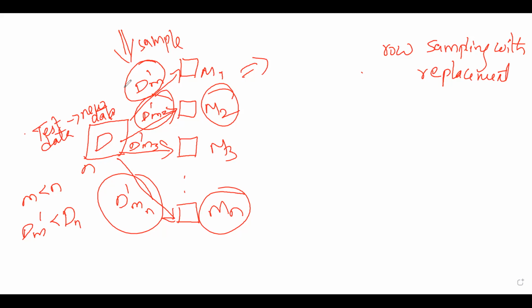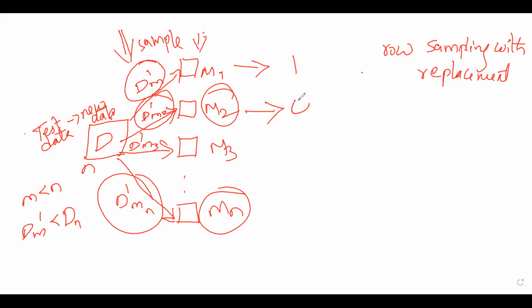The new data goes to the first model, and if it gives output 1, then it goes to the next model.